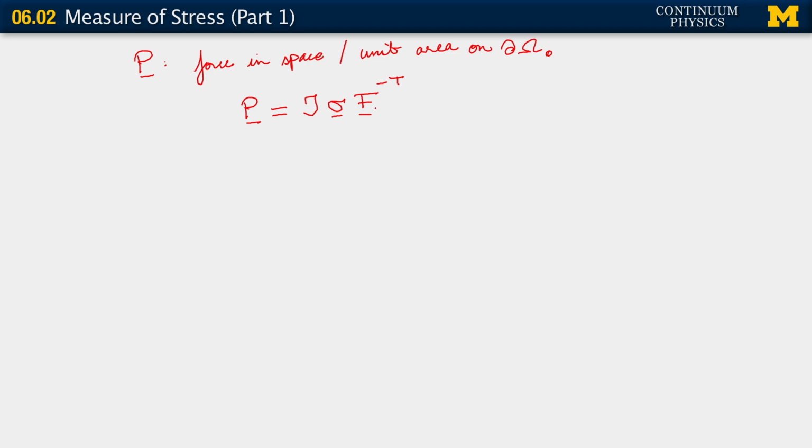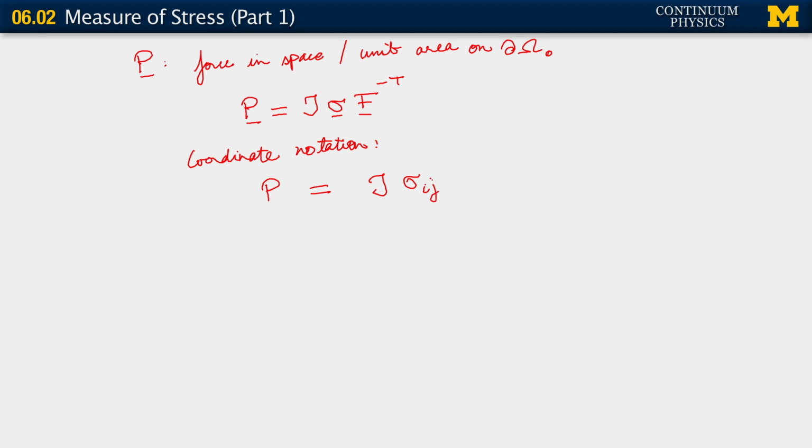Let's see what the indices of P are. In coordinate notation, we have P here. Let's work things out. J, of course, has no indices because it's a scalar. Sigma has indices ij.